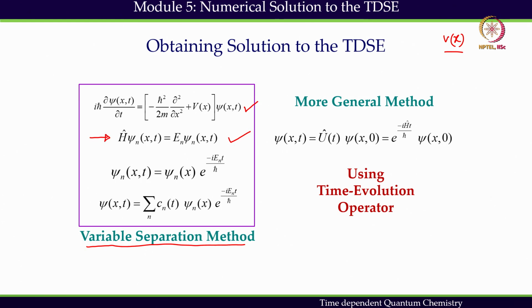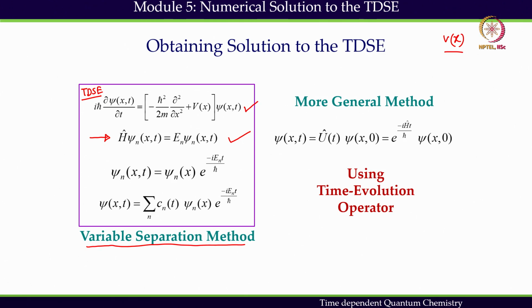So, the basic idea is that in order to solve this TDSE, we have to first get the stationary states, stationary state wave functions and stationary state energies from the time independent Schrodinger equation, and that is the state before the onset of the time evolution. And we get a set of solutions.